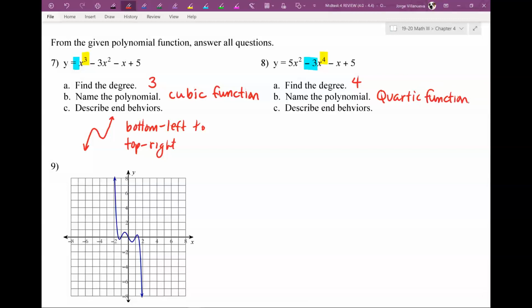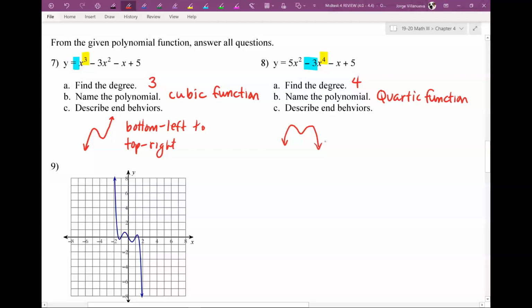The end behavior, since it's a power of 4 with the negative number in front of it, the graph will look something like this. Okay, now how do I know it looks like that? Well, notice my graph changes direction 3 times, right? It's going up, then down, that's 1, then up, that's 2, then down, that's 3. 3 changes in direction indicates a 4th degree, right? So that's why I know it's going to look something like that.